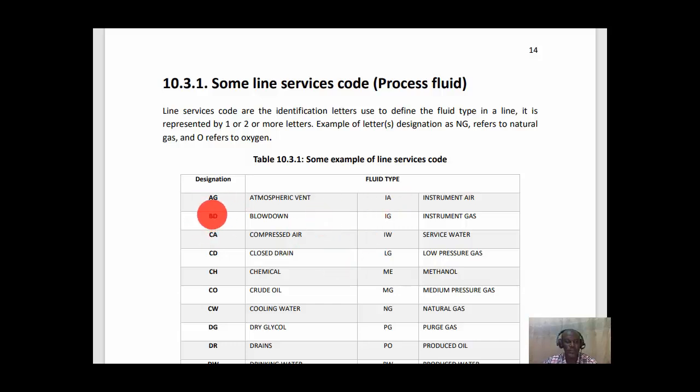Here we have AG, which is an atmospheric vent, BD is blow down, C is compressed air, CD is closed drain, CH is chemical, CO is crude oil, CW is cooling water, IG refers to instrument gas, IW refers to service water, ME refers to methanol, and so on and so forth.